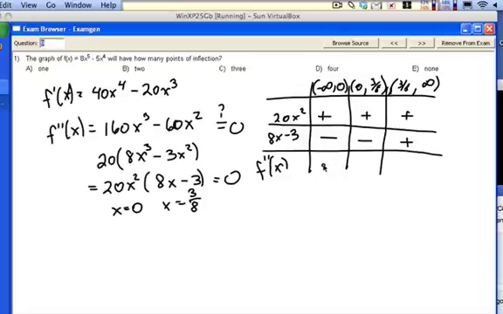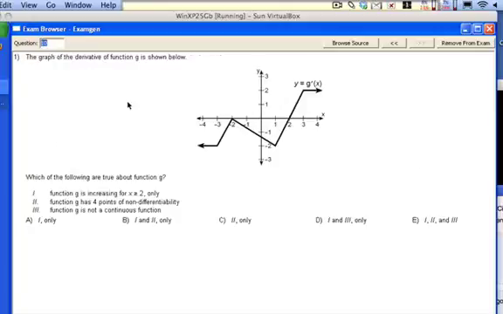So what we've got here is a situation where the second derivative is negative, negative, and positive, and the only place that it switches signs is right here at 3/8. So that's going to be the only inflection point. This right here won't be an inflection point. And if you graph it, you can see that that's the case. So the answer to this is 1, only 1 inflection point.